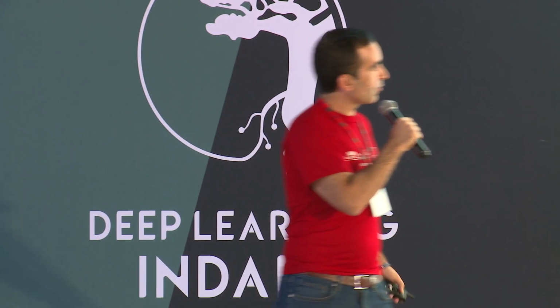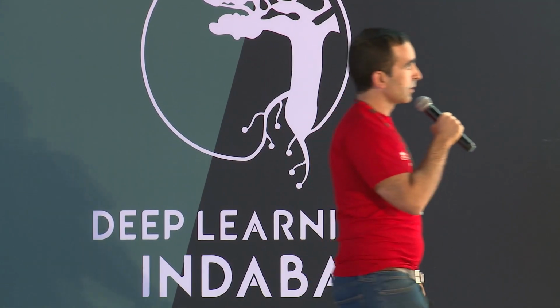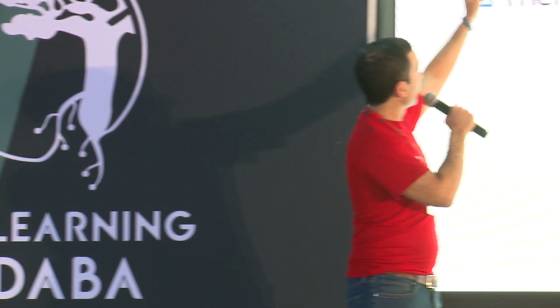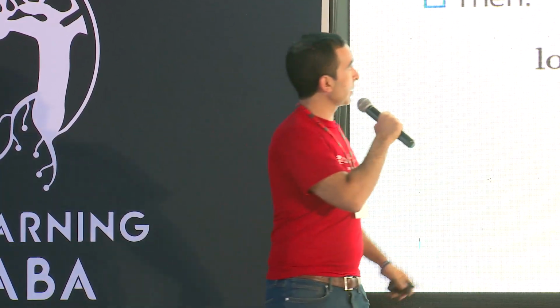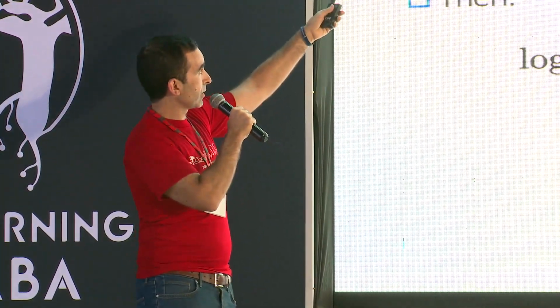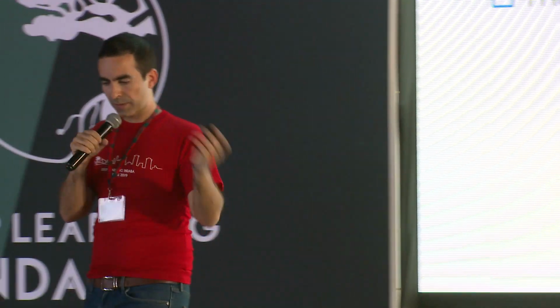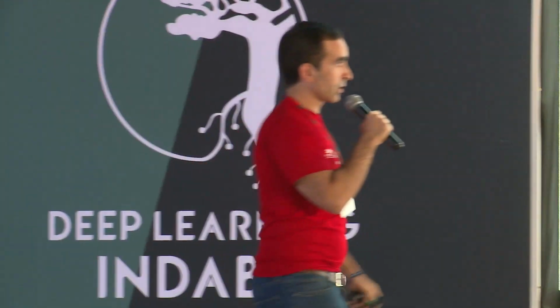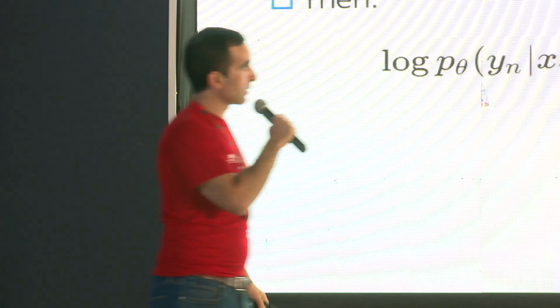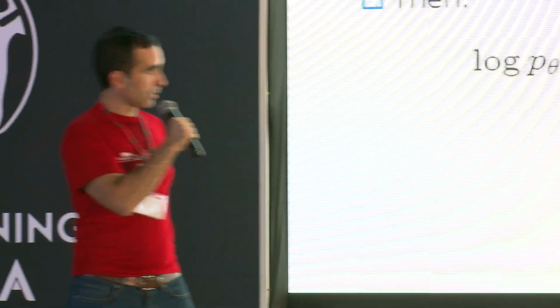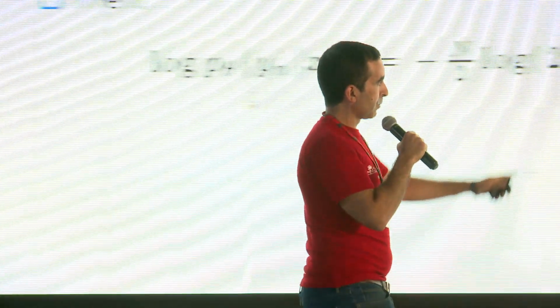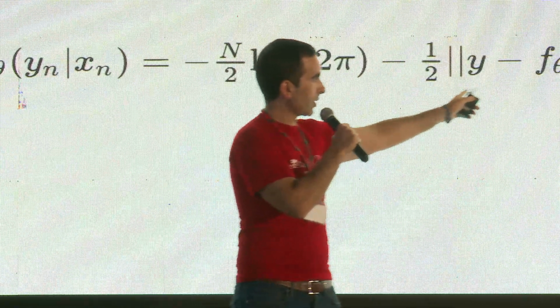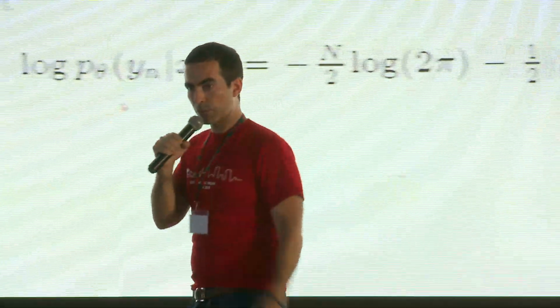So here I have a y, and I'm saying the dependency is f theta of x plus a normally distributed noise, which is to say I'm trying to fit the parameters theta such that my observed y is not far from the mean of the distribution, which is f theta of x.